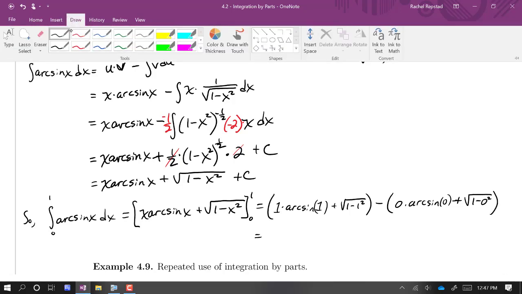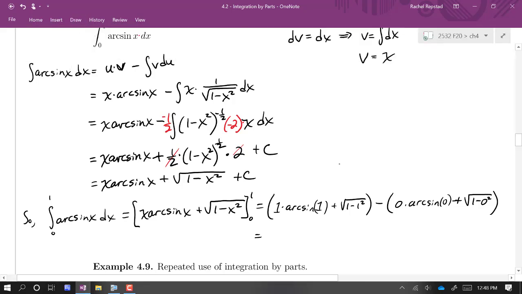Arc sine of 1, sine is equal to 1 at the top of the circle, so that's pi over 2. This is 0 because there's a factor of 0. Also, arc sine of 0 is 0. And of course this is equal to 1. So we have pi over 2 minus 1.